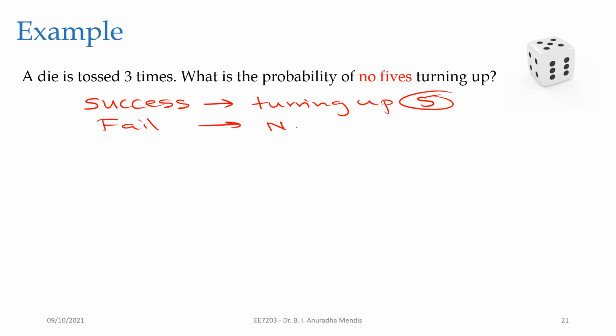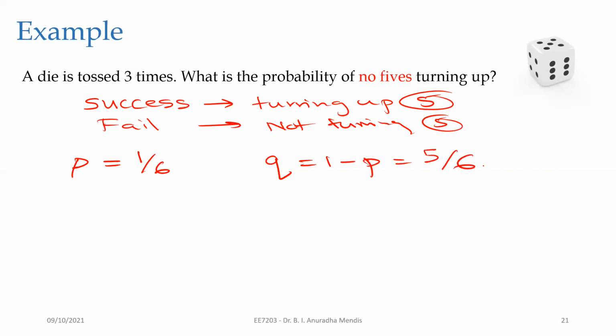So in that case, the p-value, that means probability of success, equals 1/6, and the q-value, that means 1 minus p, the fail, is equal to 5/6. And then you have n equal to 3. There are 3 trials now.